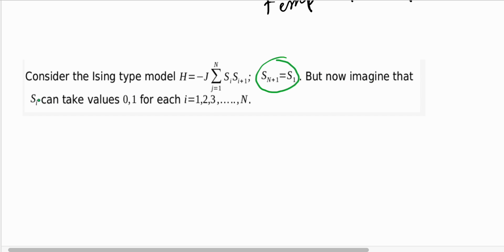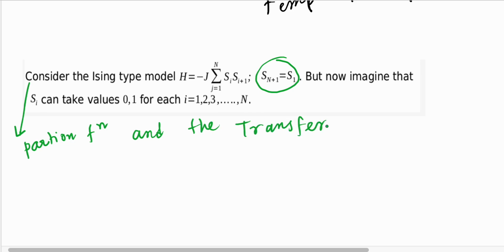But now imagine that S_i can take values 0 or 1 for each i equal to 1, 2, 3, ..., n. Now we have to write the partition function for this system and the transfer matrix. So let's begin.